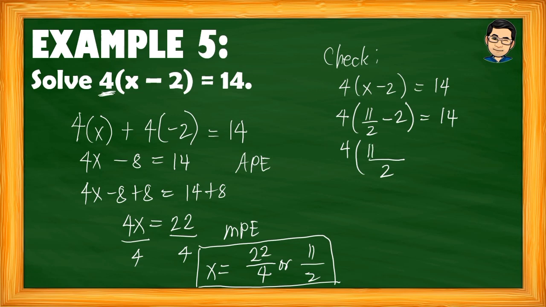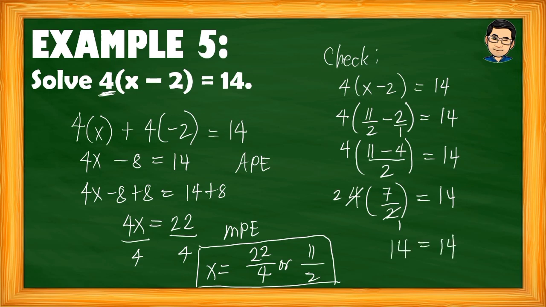And then 2 divided by 1 is 2 times negative 4 equals 14. And then 4 times the difference of 11 and 4 is 7 over 2 equals 14. Then pwede natin i-cancel out ang 4 tsaka 2. So 4 will become 2, then 2 will become 1. And then multiplying the remaining factors, 2 times 7 is 14 equals 14. So the value of x is 11 over 2 is correct.